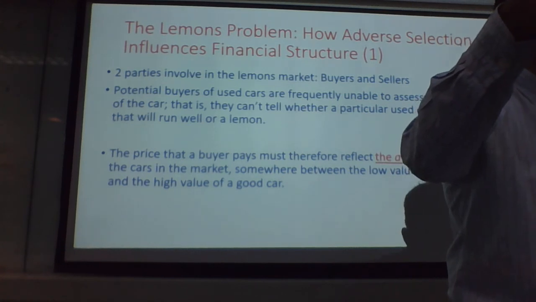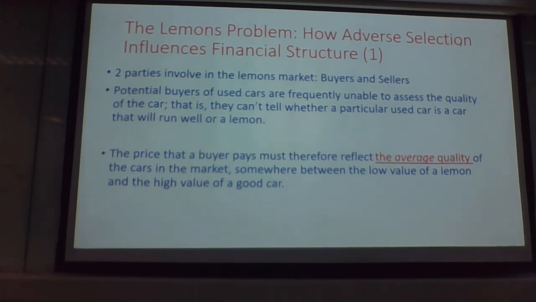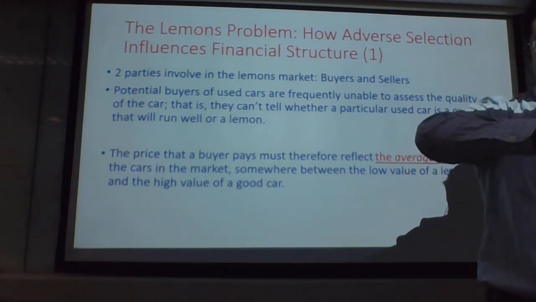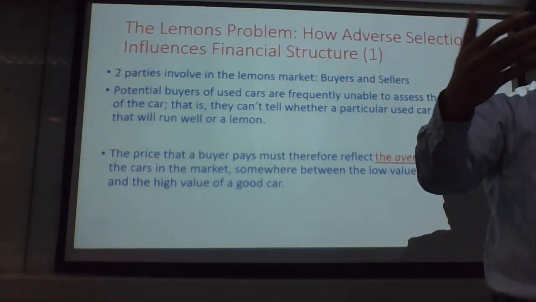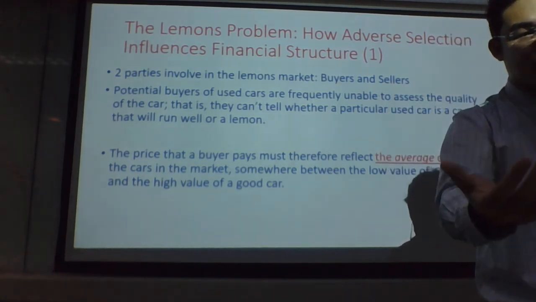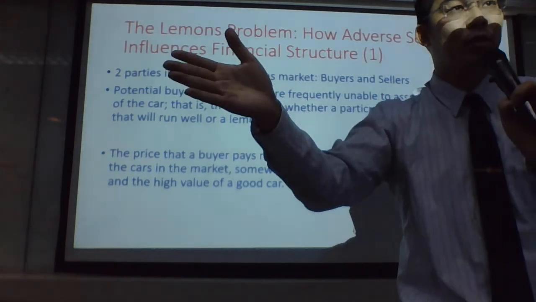If the dealer offers the average price, you will be willing to sell the car because you will earn the margin between the average price and the real price of your car. But if you have a high quality car, you tend to incur a loss because the average price you receive will be lower than the real price that you know.